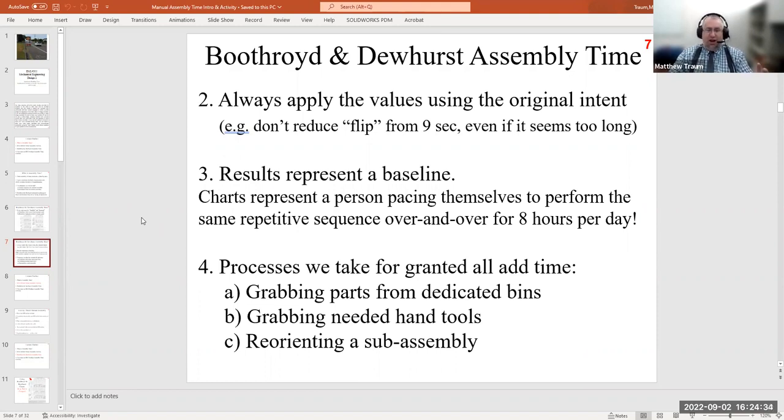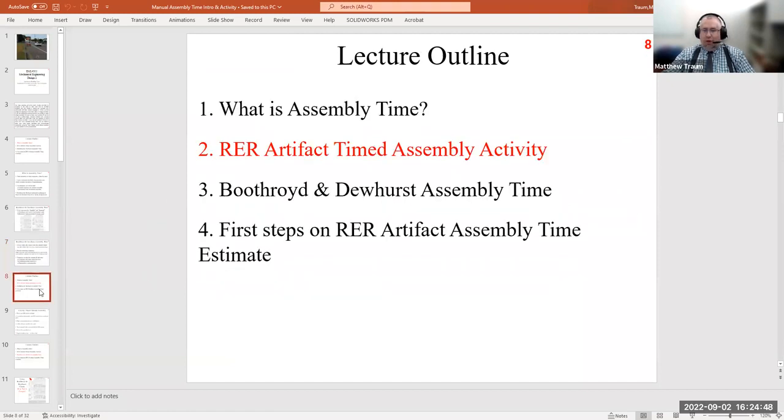So it is really important to capture every single step and every single process that the assemblers have to do, even if, from your perspective, those things seem trivial, because they do take some non-zero amount of time that has to be accounted for.